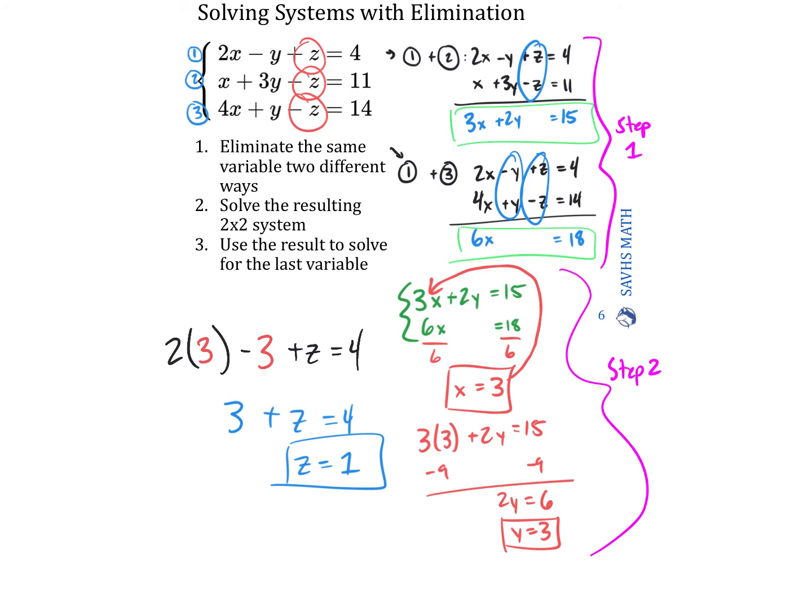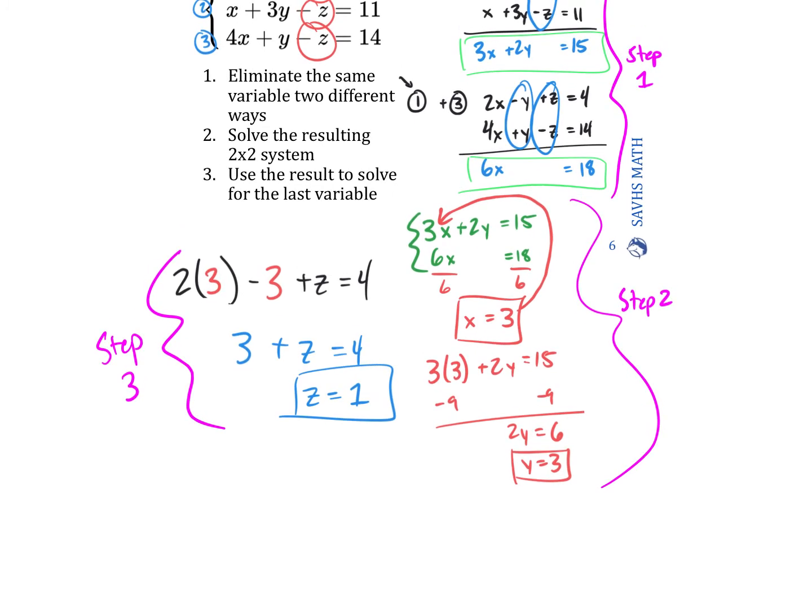Okay, so this is step 3, by the way. Lastly, I just need to rewrite my answer. I just need to write the answer as the point x, y, z, and that would be 3, 3, 1.